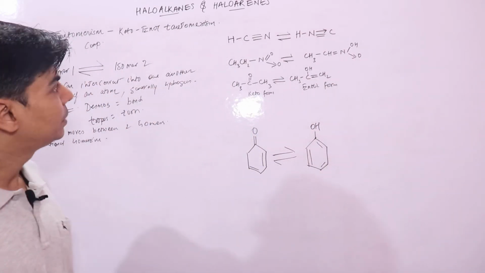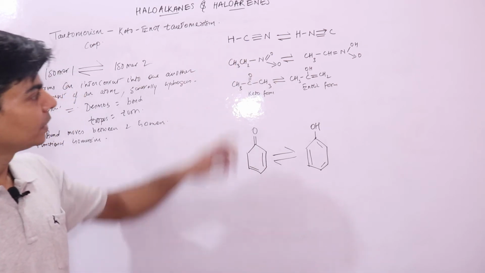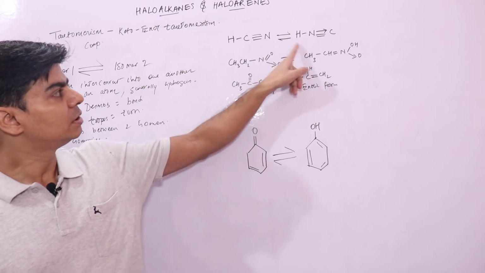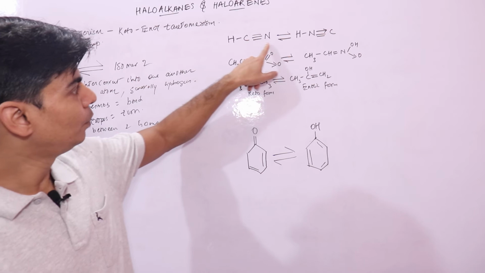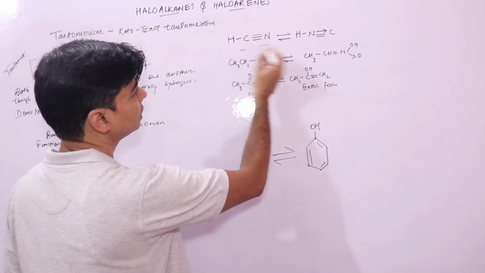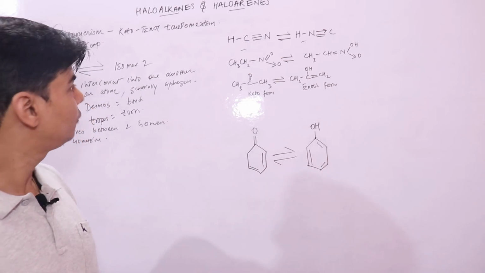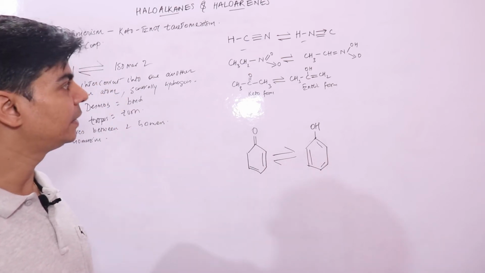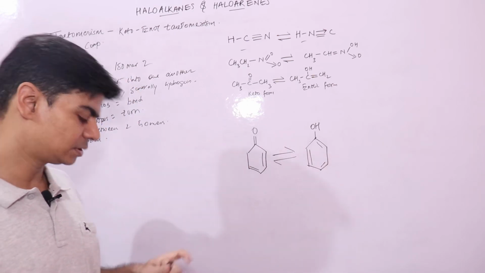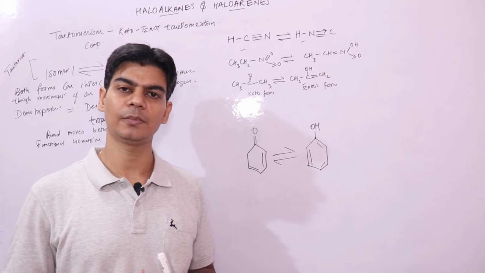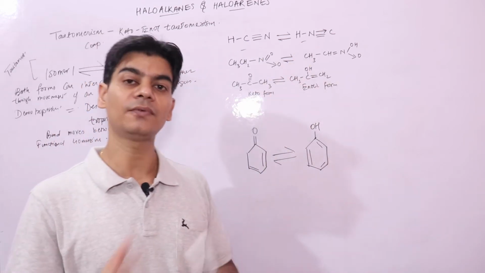Now let's take an example. Tautomerism exists in hydrocyanic acid. Hydrocyanic acid will exist in two isomers: this hydrocyanic acid and this isohydrocyanic acid. Like I said, the first point: tautomerism is a special type of functional isomerism, that means the two forms have different functional groups.